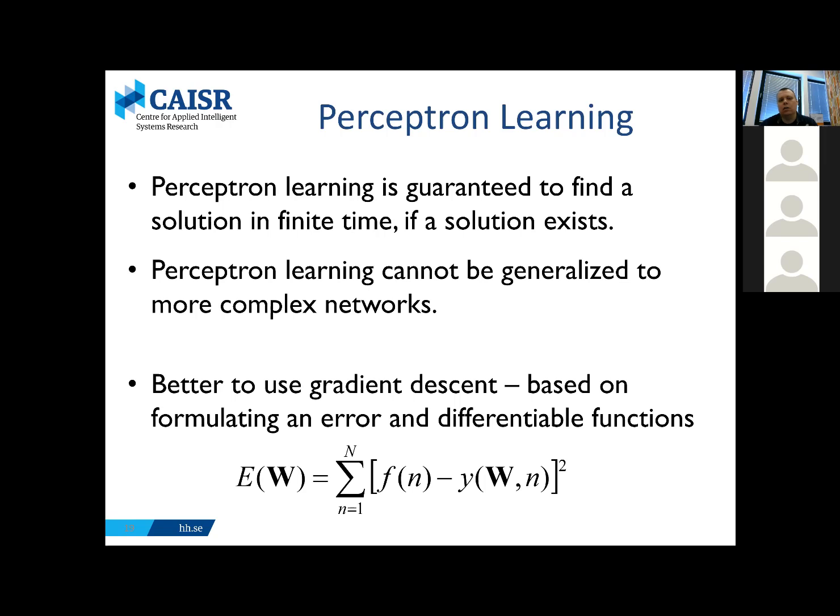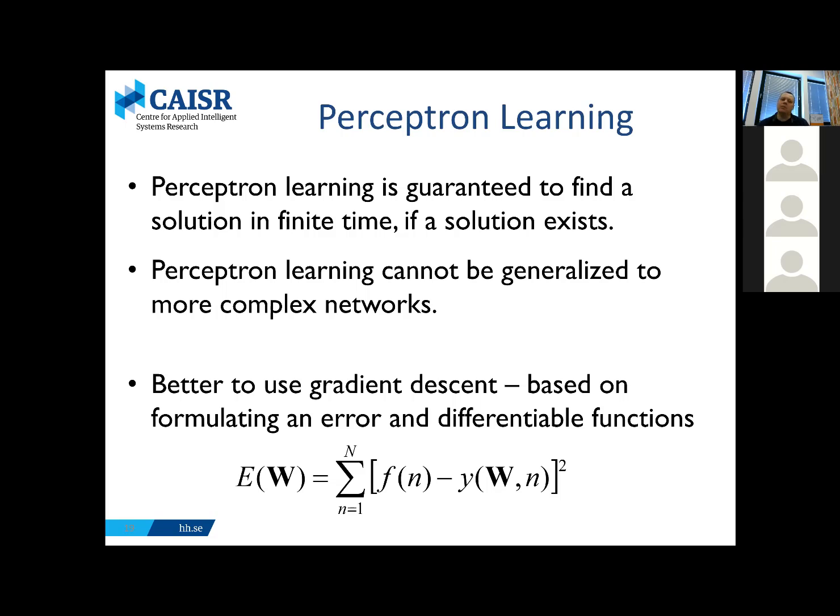So actually, using this kind of learning, assuming your learning rate is low enough, you are guaranteed to find a solution in finite time if a solution exists. So if you have data which can be classified by a perceptron, you will actually find the correct solution.